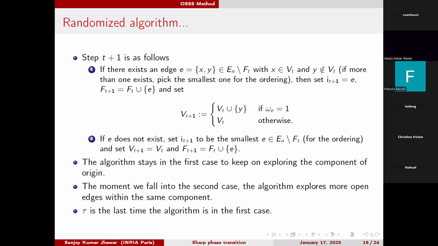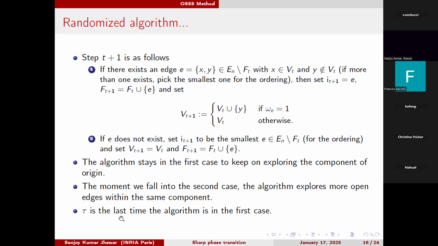If you run all the algorithms T1 to Tn together, then for this set of algorithms there is a stopping time tau such that you find the path from the origin to the boundary. One can define this stopping time as follows.